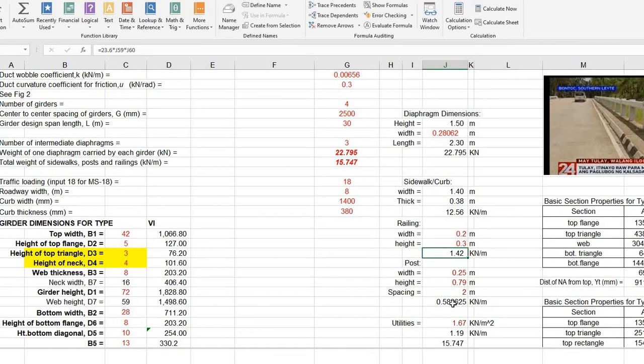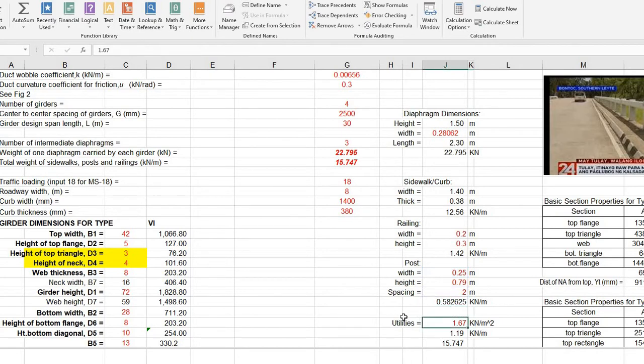And then, sa post naman, i-convert natin ito ng uniform load or kilonewton per meter. That is, minultiply natin yung volume ng concrete. Ito siya. So, width times height, which is ito. Okay, width times height. And then, minultiply natin siya ng density of concrete, tapos dinivide natin ng spacing na 2 meters. So, magiging kilonewton per meter ang dating niya.